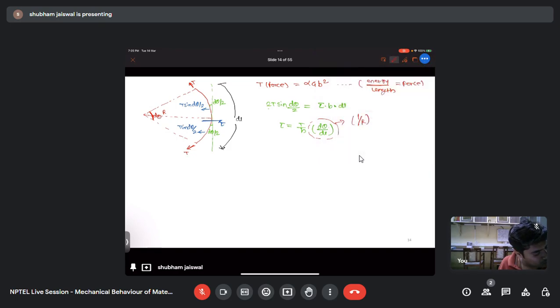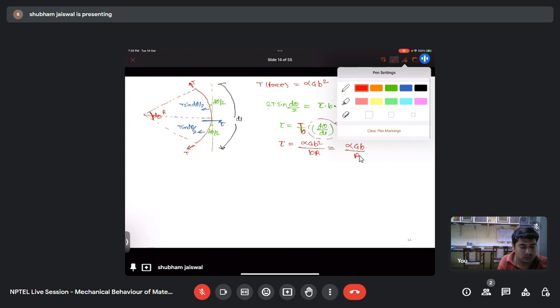So we can write that tau equal to alpha Gb square by b into R. This will give alpha Gb by R. So this is the shear stress required to bend, means to curve, a dislocation.